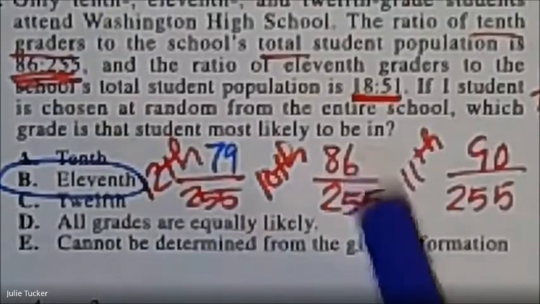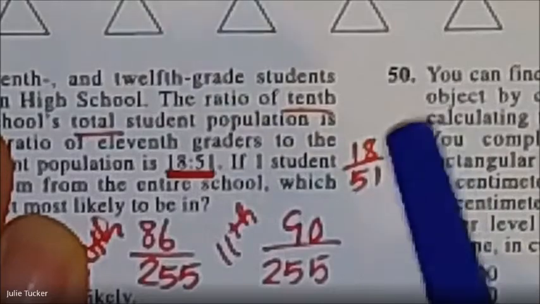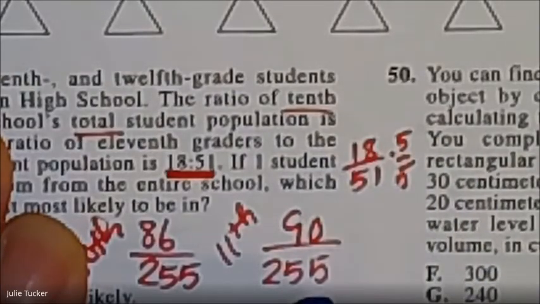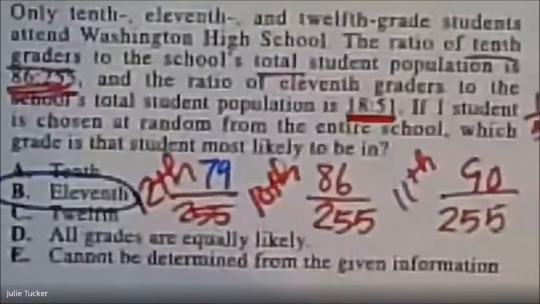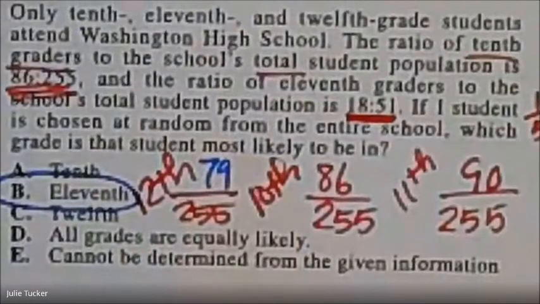The first two numbers they gave us were 86 over 255 and then 18 over 51. And we had to change the 18 over 51 to have the same denominator so that we could compare them. And then, using the total of 255, we had to figure out how many of them were 12th grade by adding and subtracting from the total.